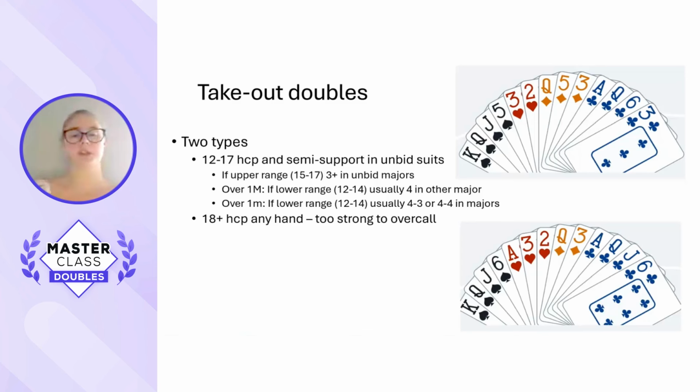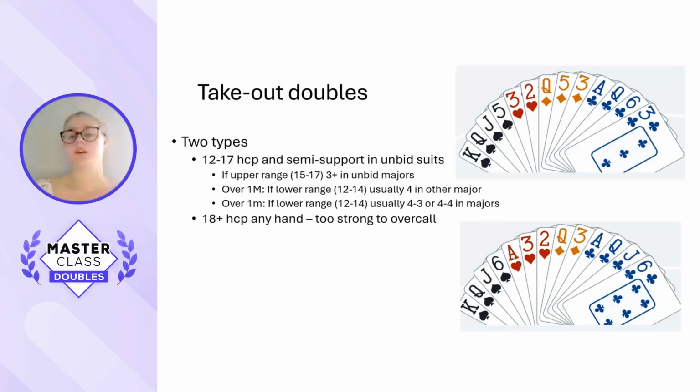But sometimes we don't have perfect hands. The top example here is a good example. Let's pretend that the person in front of us opened a heart. Now we have 14 high card points and we have 4 spades. So we want to double to show that we want to compete here, but we don't have a 5-card suit.